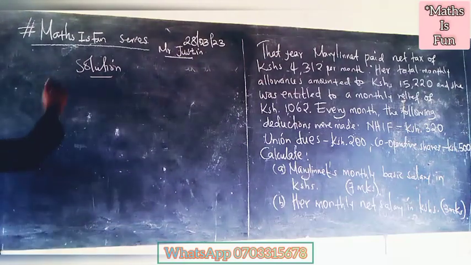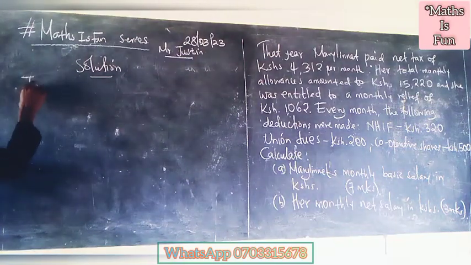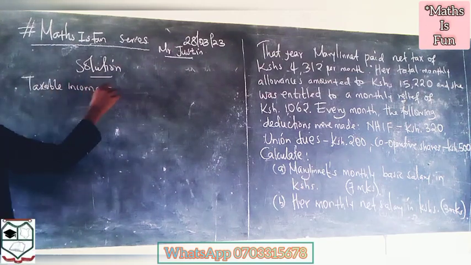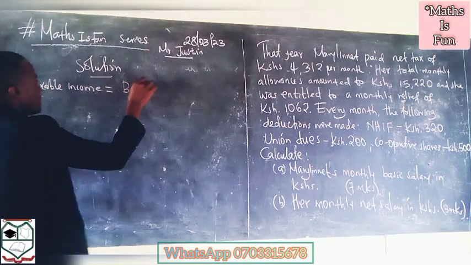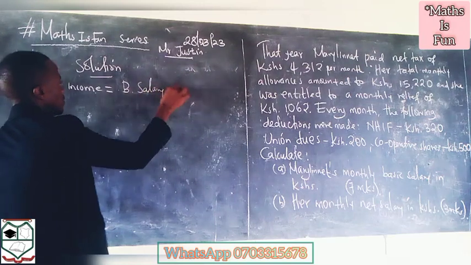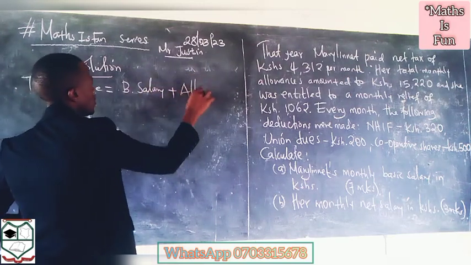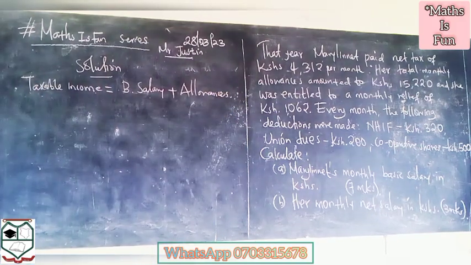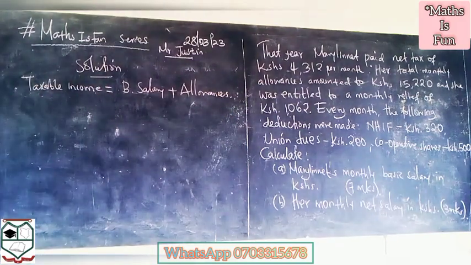Some formulas that we apply here: taxable income is equal to basic plus allowances. That is the first formula.